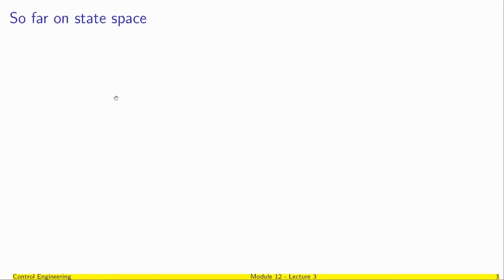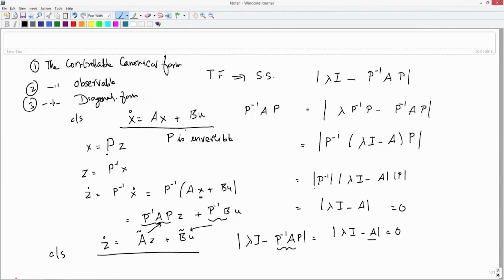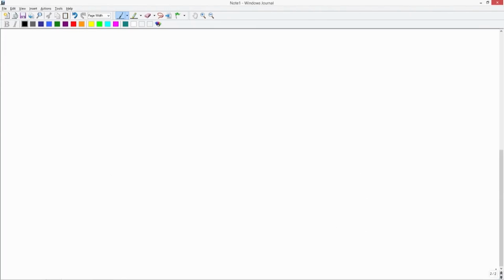Okay. So, the next thing is controllability. So, let us again look at it with the help of an example. Okay. So, let us say I am moving in a plane.